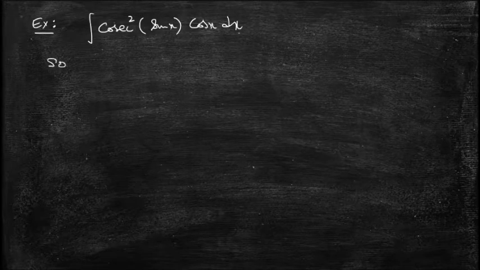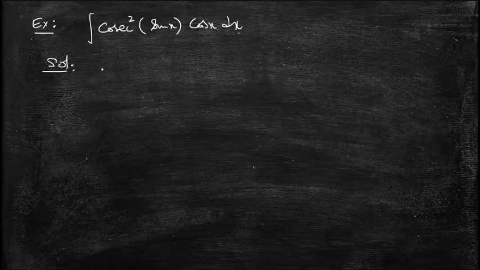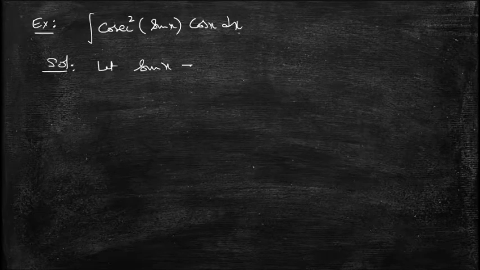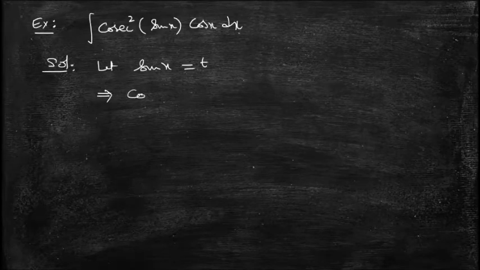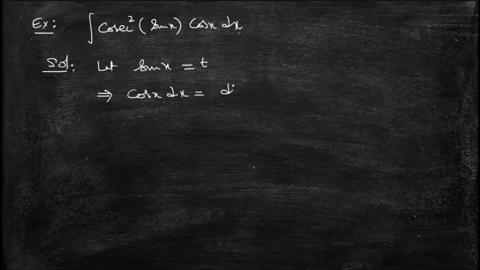Now here in this problem, instead of x, sin x is there, so I can take that as t. Let sin x is equal to t, implies differentiation of sin x, cos x dx is equal to dt.